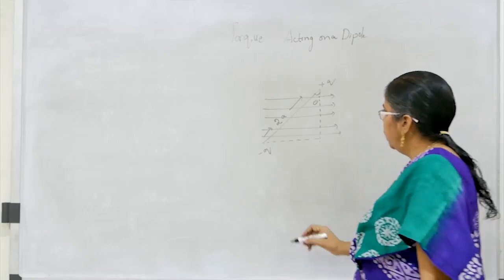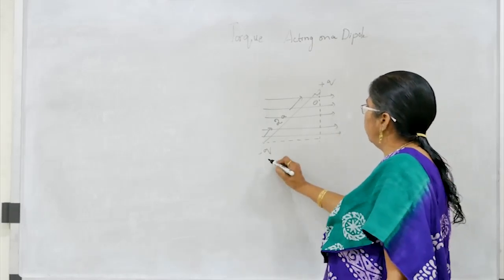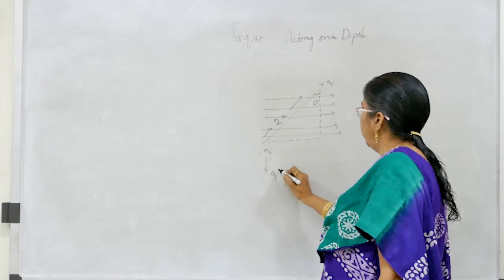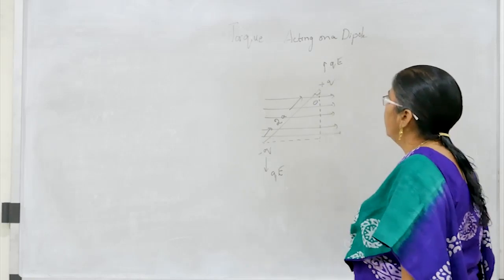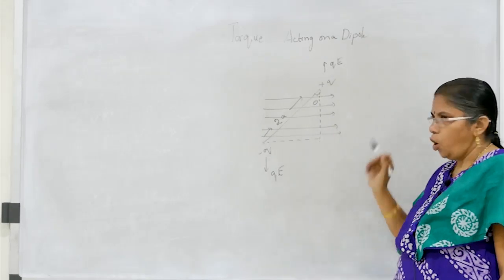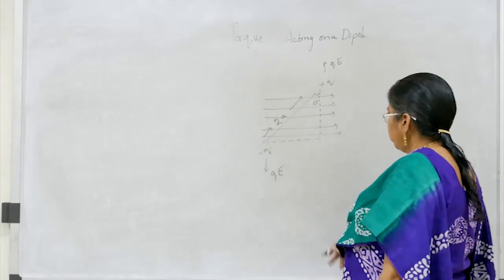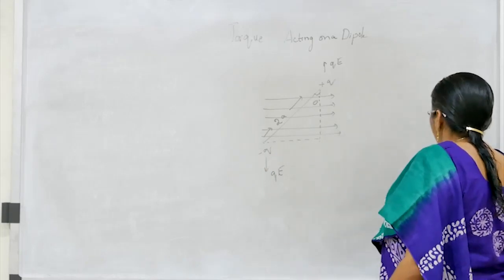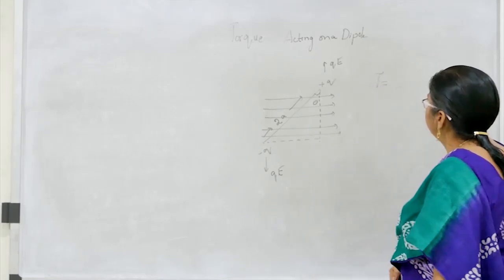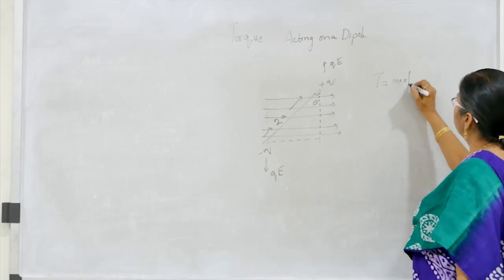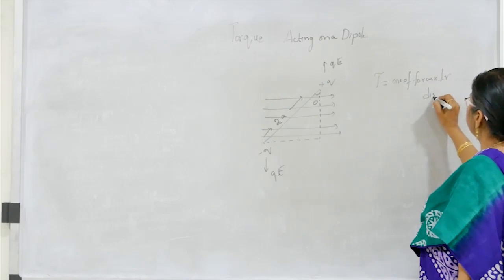For this, two forces will be acting upon minus q and plus q. The force acting on this is q into E, and the force that is acting on this is also q into E. So these two equal and opposite forces will give rise to what is known as a couple. So for that couple, the torque is given by one of the forces into the perpendicular distance of separation.